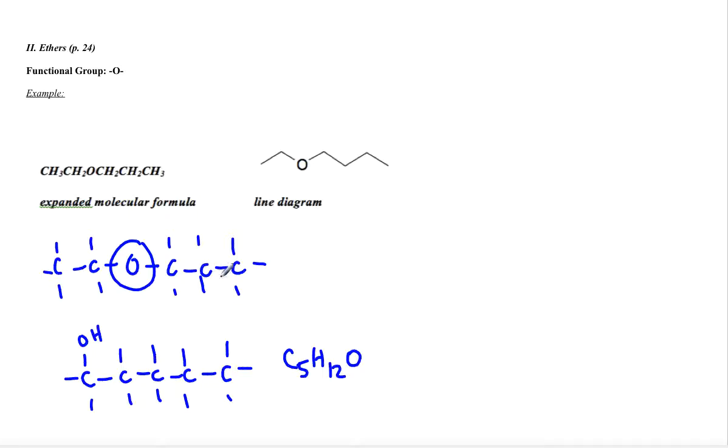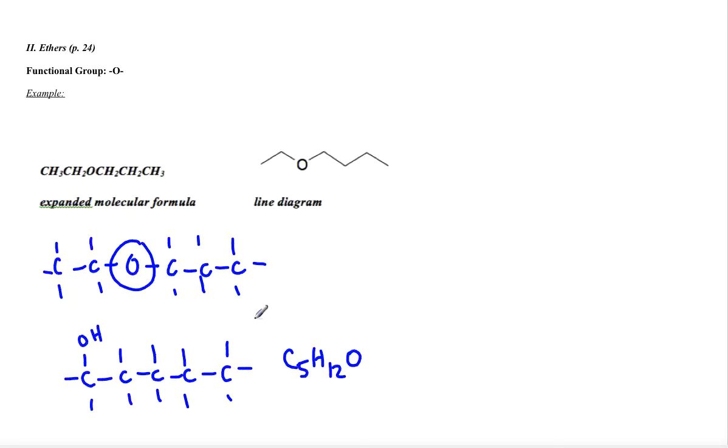This is the formula, and if I examine this ether, it's the exact same. 5 carbons, 12 H's, and 1 O. Okay, so you can see that they are isomers of each other. They have the same formula, but a different structure.